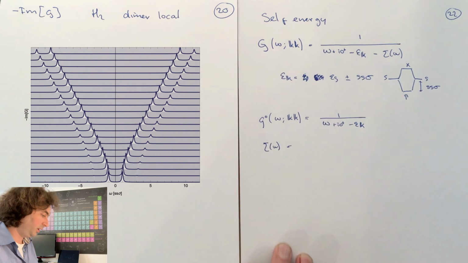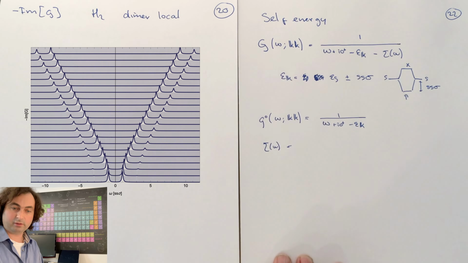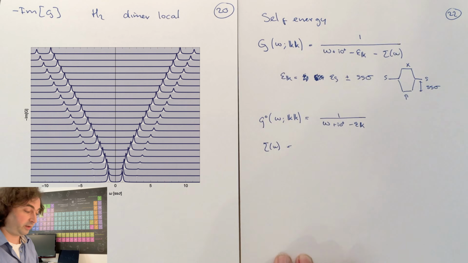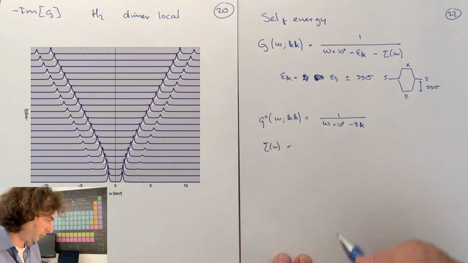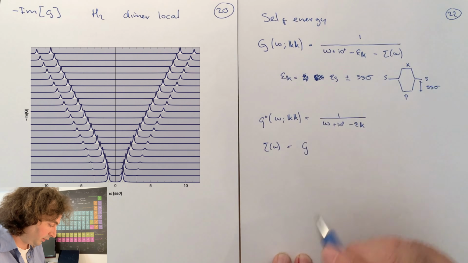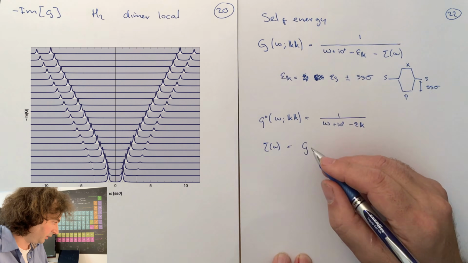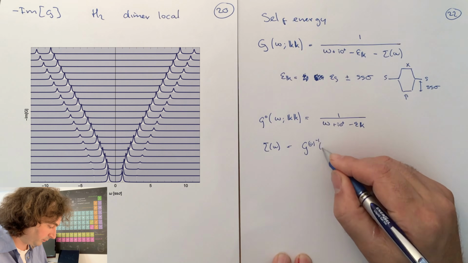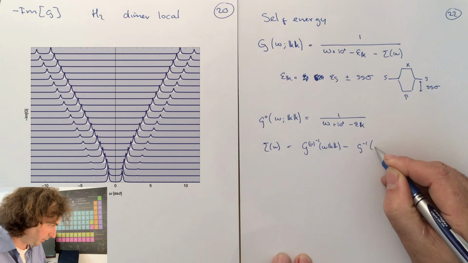The self-energy we can now calculate just by solving the Green's function for the Hubbard dimer, which you can express analytically. It's just a 2x2 matrix, and calculating the bare Green's function, inverting the two, and subtracting them. So the self-energy is given by G0 to the minus 1 minus the full Green's function to the minus 1.